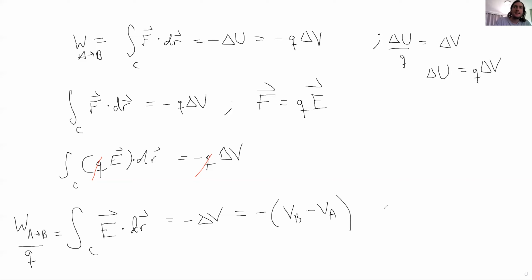Obviously on this right side here, rather than writing it as a delta, which is VB minus VA, that's pretty much the way you most often see it, because we're going to be dealing with delta V very often. But of course you could equivalently write this, instead of minus delta V, as VA minus VB as well.